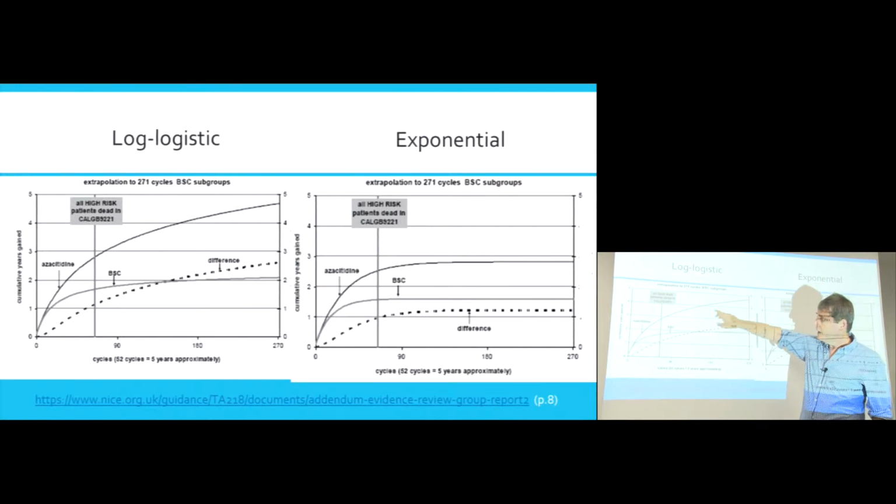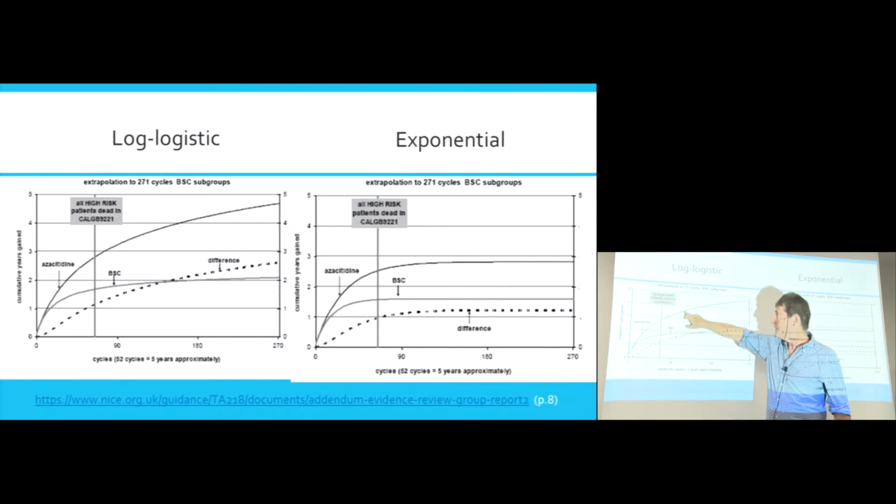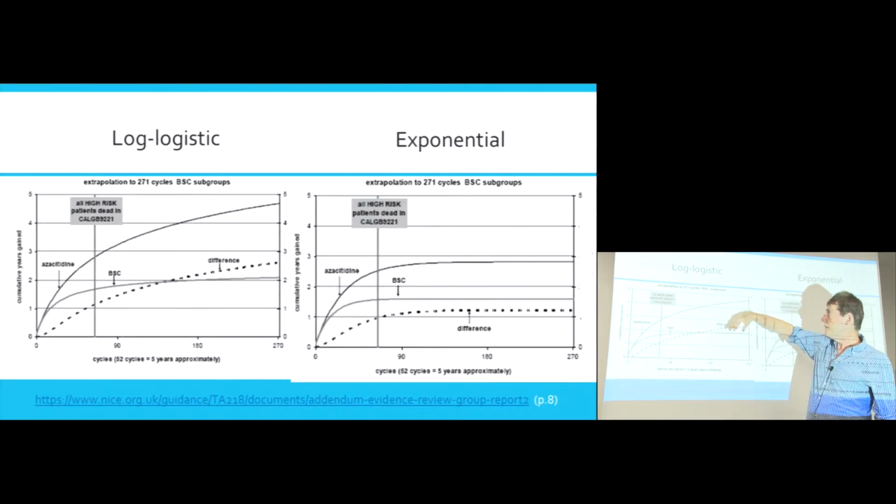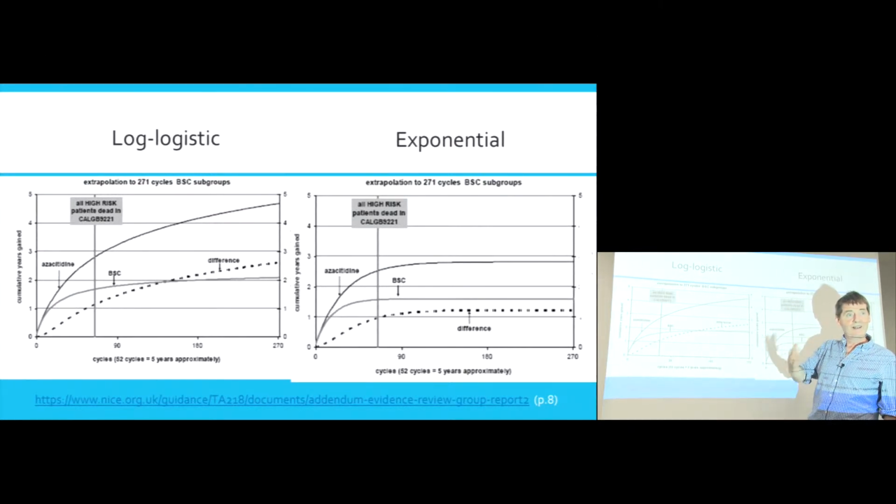Now notice, this azacitidine curve is going up and up and up. It's leveling off a bit, but it's still increasing. That implies that patients are still alive after 25 years. They're still acquiring years of life.